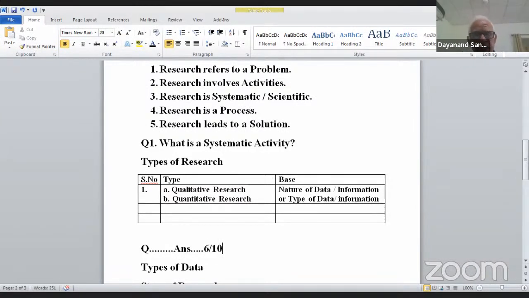So the examiner has converted the qualitative information into quantitative. But if you ask the examiner whether he can reproduce the same answer for which he has given 6 marks, I'm sure the examiner cannot reproduce the same answer, but can write another answer in which 6 marks can be given.